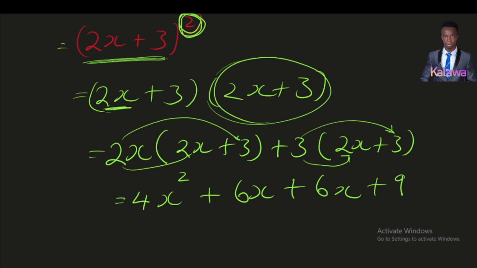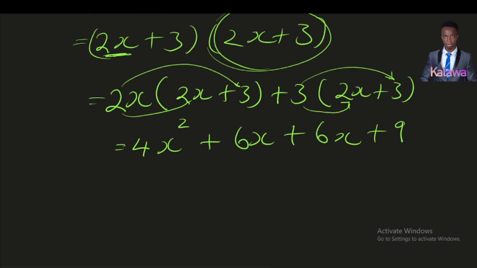So what we do next is we collect like terms. Remember, that's the rule. Whenever we remove the brackets, we now collect like terms, if there are any. So if we collect like terms, what are the like terms here? This 4x squared plus, so this is a like term. 6x plus 6x, they are like terms, plus 9.